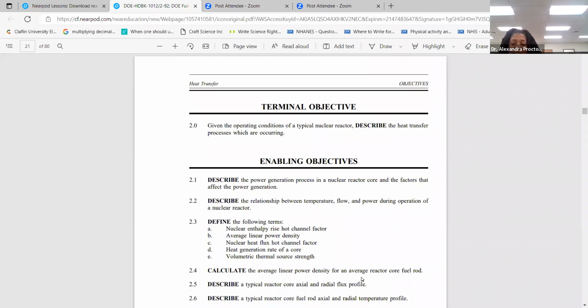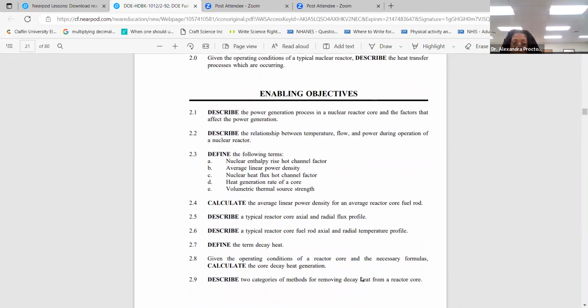We're going to calculate the average linear power density for an average reactor core fuel rod, describe a typical reactor core axial and radial flux profile, describe the typical reactor core fuel rod axial and radial temperature profile, and define the term decay heat.